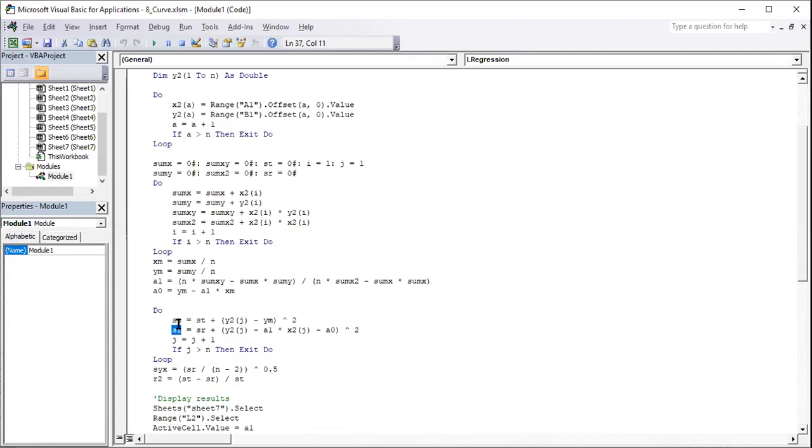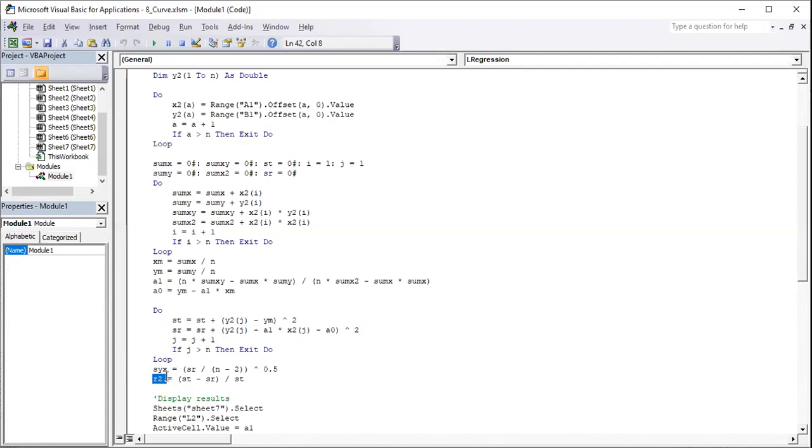So this is how to calculate it using a computer program. Then in order to calculate the standard error of estimate, this is it. It is SR divided by N minus 2, raised to the power, everything is square root, but in a computer program you use raised to power 0.5 to indicate square root.